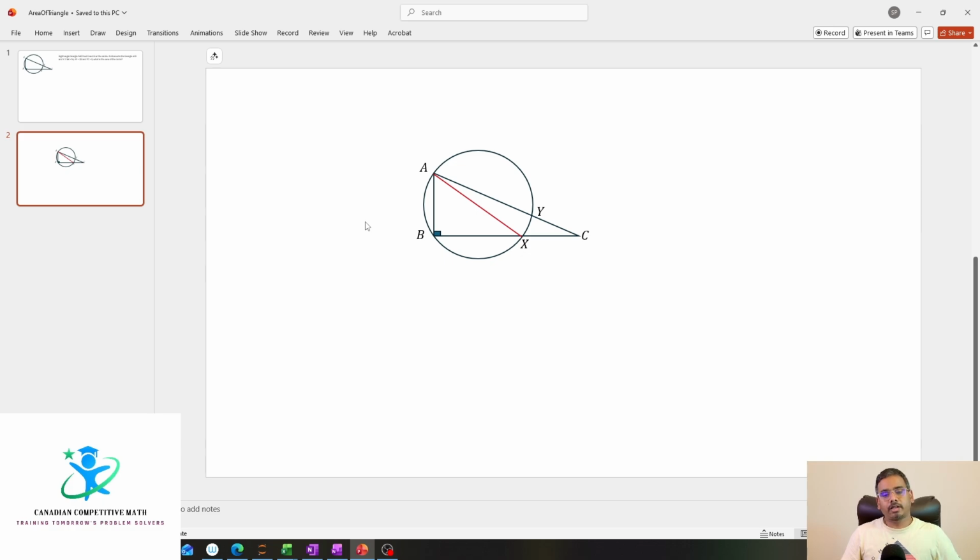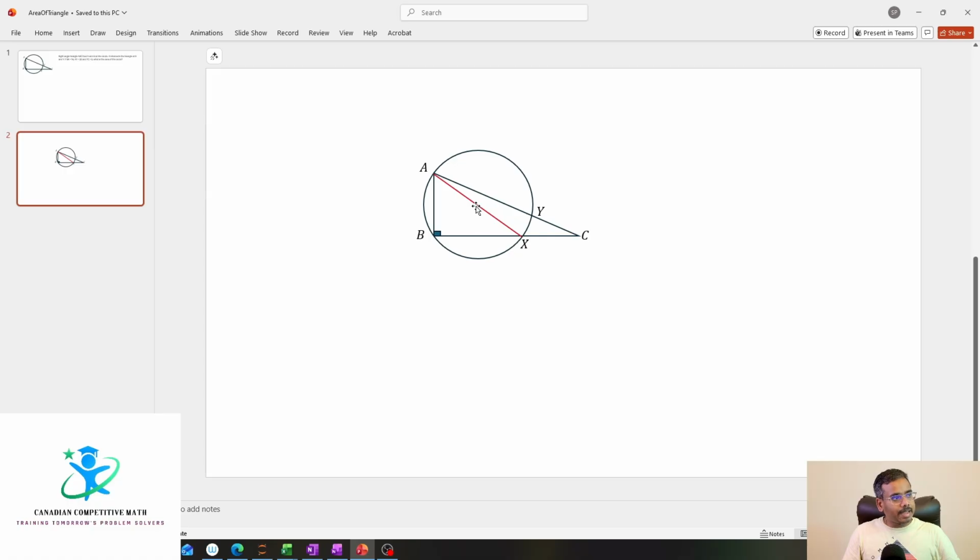You can go back and look at properties of circles, and you will see the proof of this theorem there. So we can safely assume that based on the geometry we have seen here, AX is the diameter of the circle. Right.